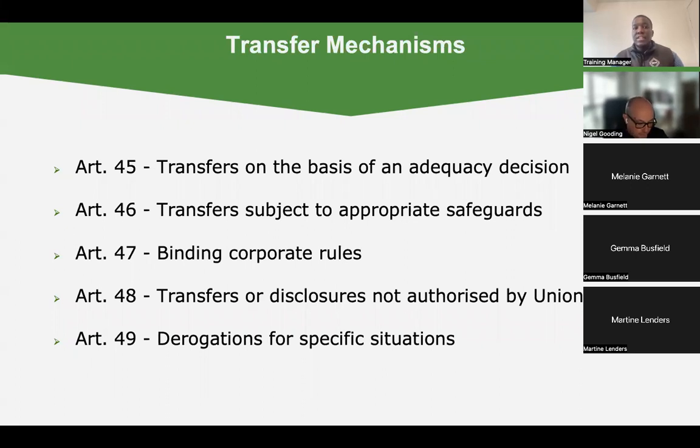Article 46 is transfers that are subject to appropriate safeguards. Article 47 is for binding corporate rules, and Article 48 and Article 49 do what they say in terms of transfers not authorized and derogations for specific situations, such as when a person's life is in danger and you have to make an emergency transfer to help save their life.